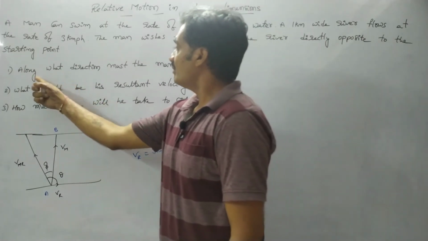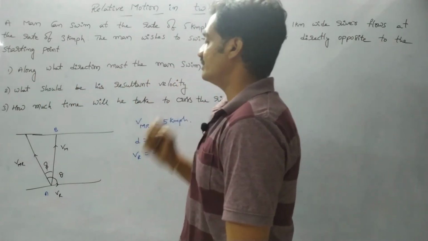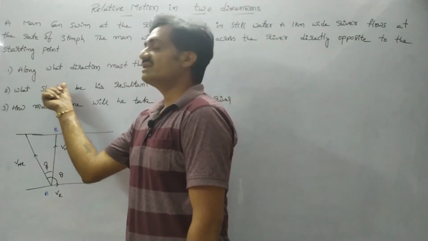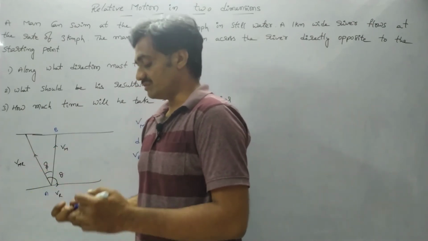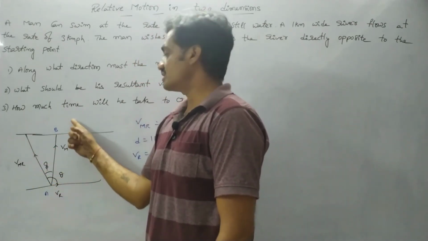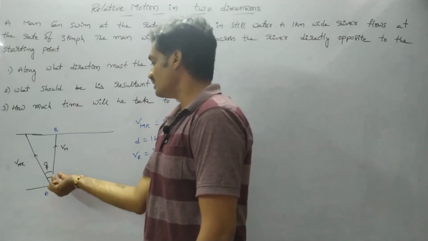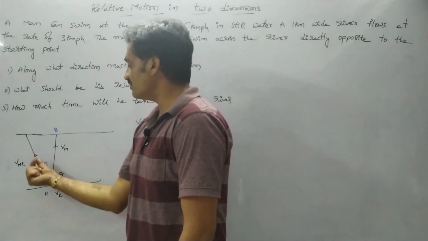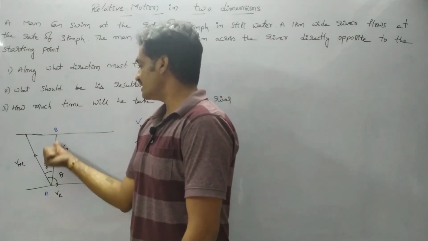Now, along what direction must the man swim? So here we have to represent in what direction the man has to swim. As we had seen, the drift should be equal to 0. In order for the drift to be 0, the man has to swim upstream by an angle of phi with respect to perpendicular.